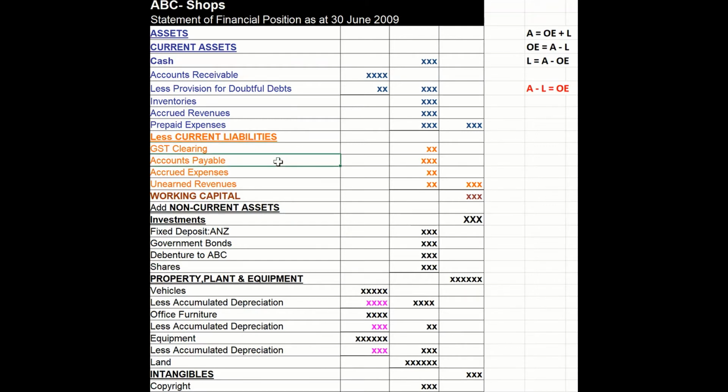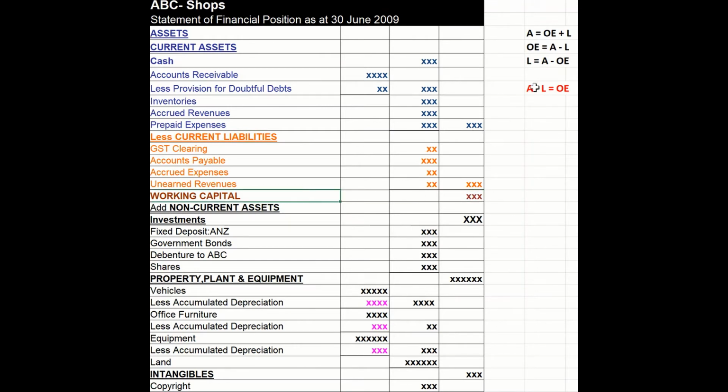There are my other current liabilities: accounts payable, accrued expenses, unearned revenues. I put them in the second column, add them all up, draw a line, and put that in my third column. Now I say current assets less current liabilities gives me my working capital.